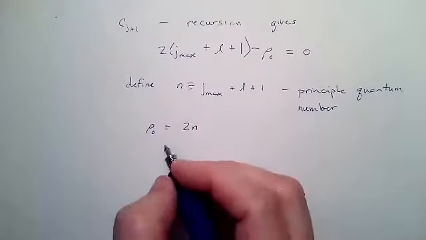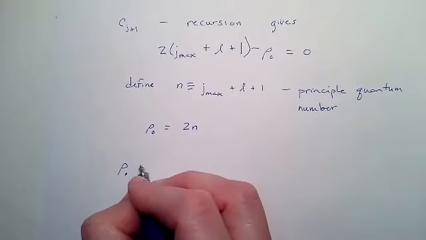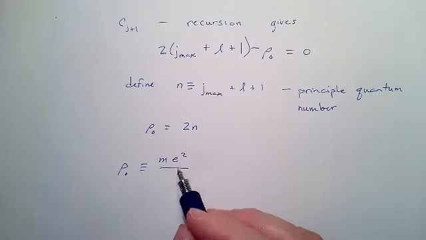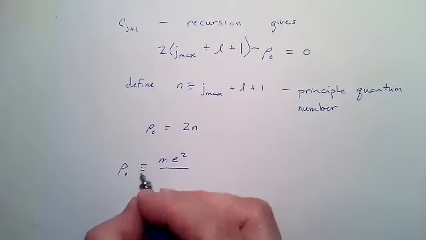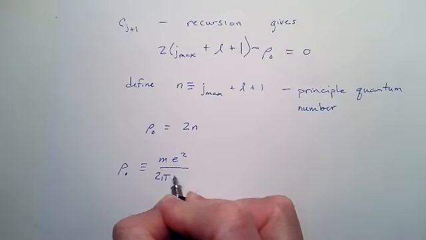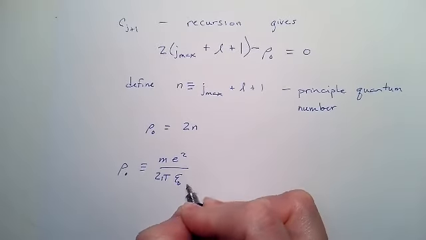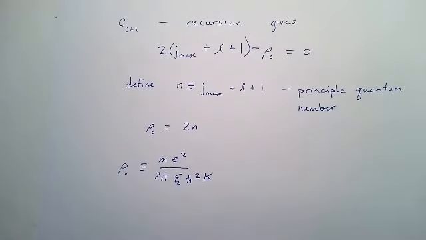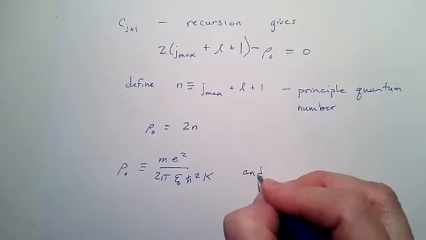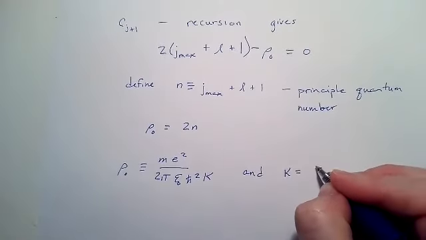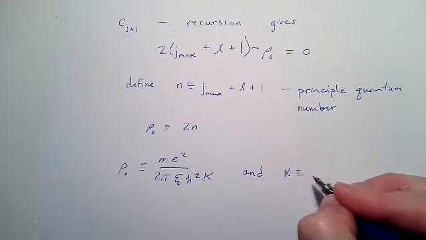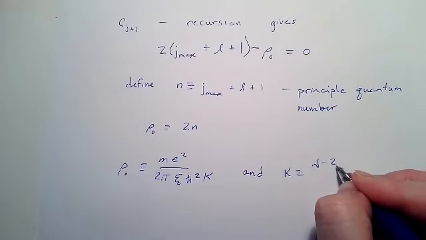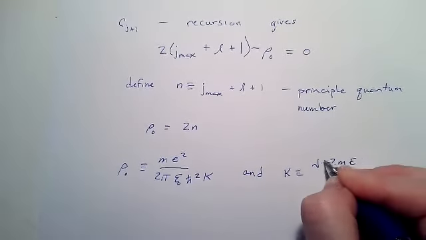So let's go back a couple pages. We defined rho 0 as the mass of our electron, our elementary charge squared, over 2 pi epsilon naught h bar squared and kappa. And remember, kappa had to do with our energy. We are in our bound states, so we were looking at energies less than 0.